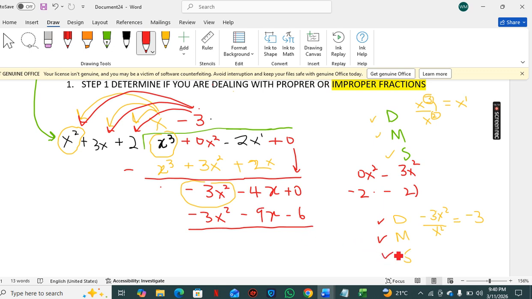Step 3, subtract. So here, this is where you have to be careful, because these signs, this is where it gets a lot of people. So for the first one, this top one here, we've got negative 3x squared minus negative 3x squared.